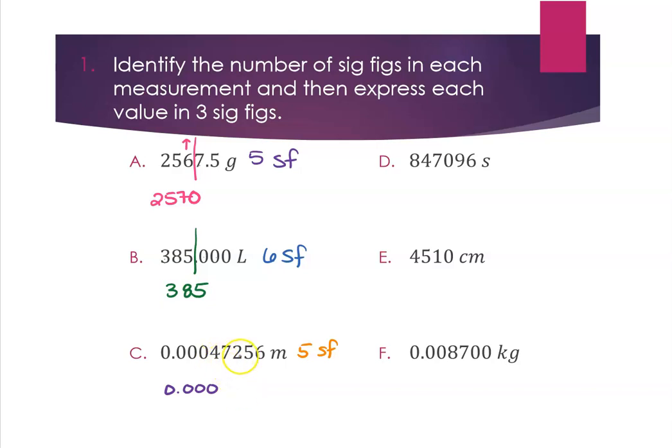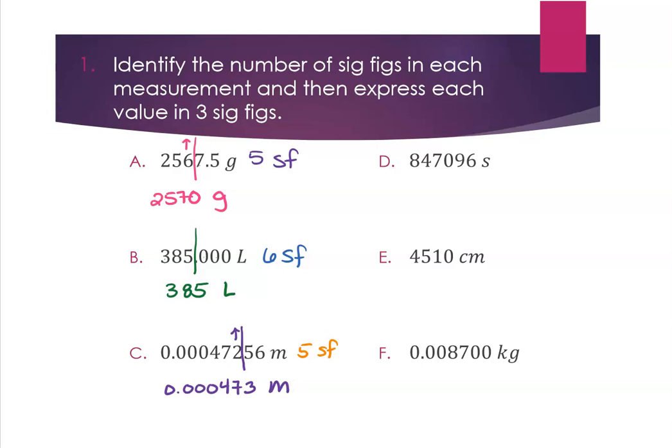So I have 1, 2, 3. This is my cutoff here. This 5 behind the 2 means that the 2 rounds up. And this becomes 4, 7, 3. And then I have forgotten my first rule, which is that you must have units. Liters and meters.